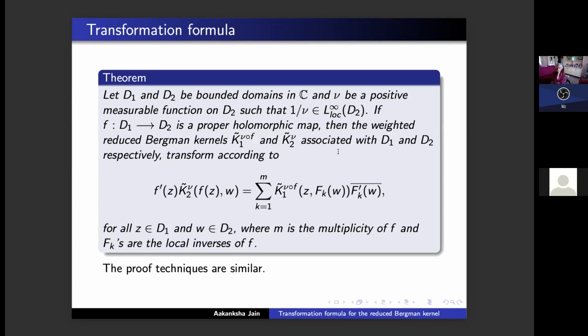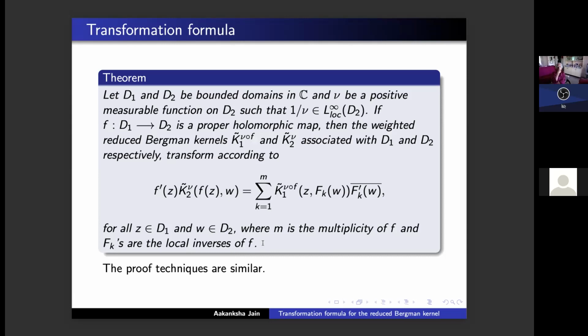So these kernels associated with D1 and D2 transform according to the rule F prime Z times K2 tilde nu of F of Z comma W equals the summation k equals 1 to m of K1 tilde nu composed with F of Z comma Fk of W times the conjugate of Fk prime of W, for all Z in D1 and W in D2, where m is the multiplicity of F and the Fk's are the local inverses of F. I'll not give any idea of the proof here.